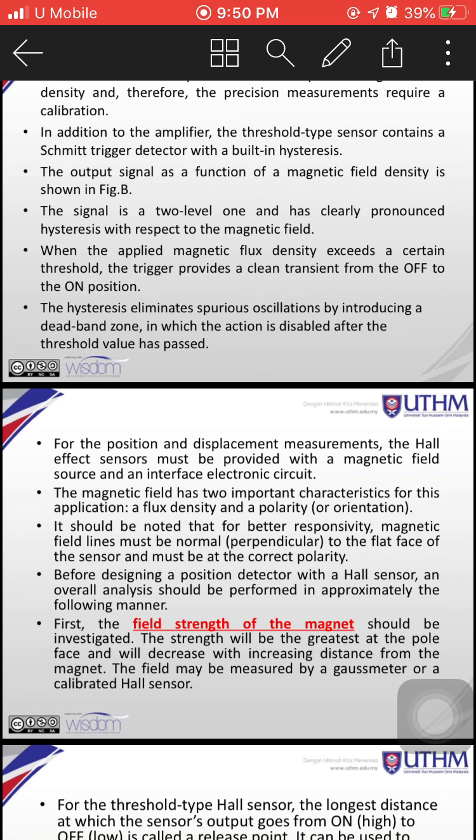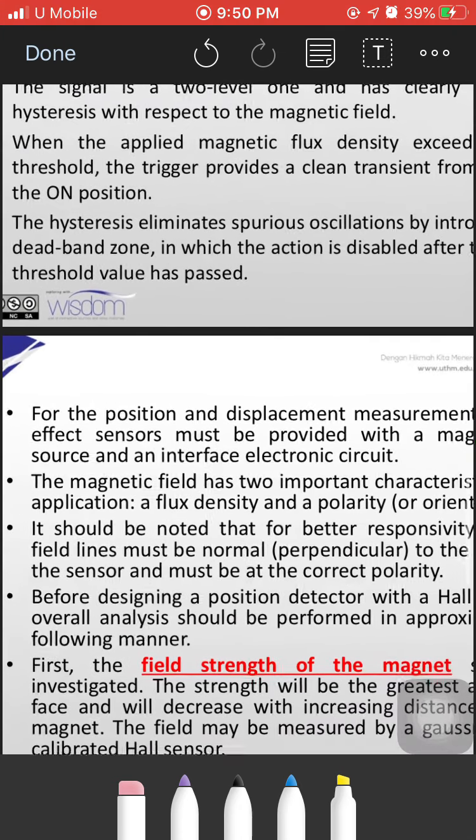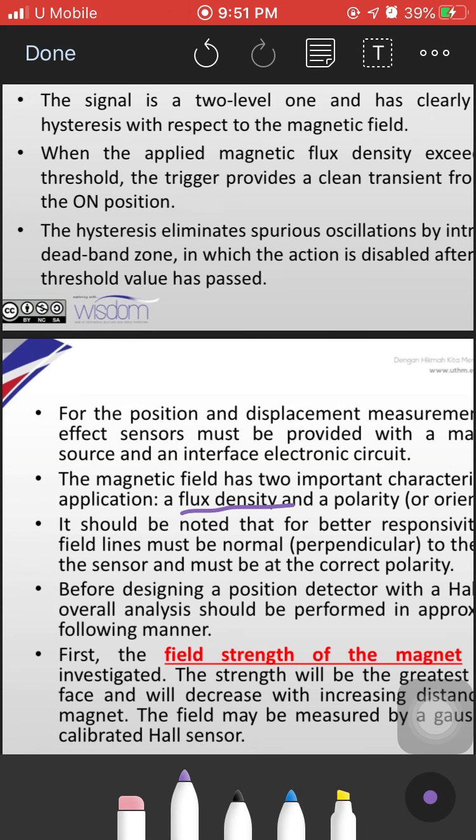Okay, when we talk about the magnetic field, it has two important characteristics that we need to note, which is that it depends on the flux density and also the polarity.